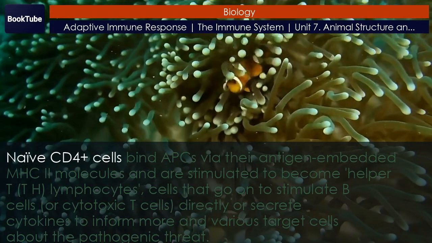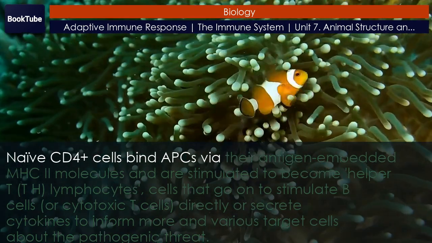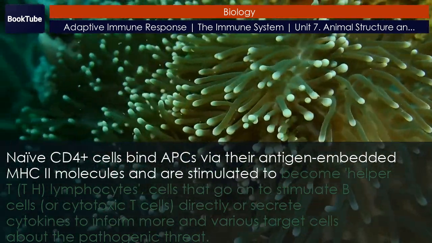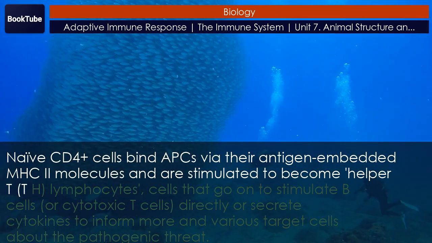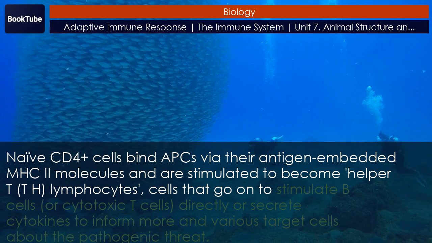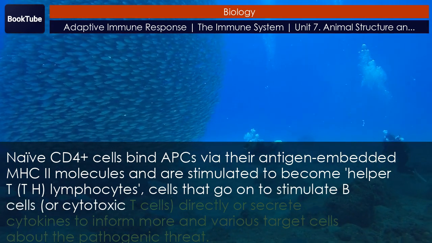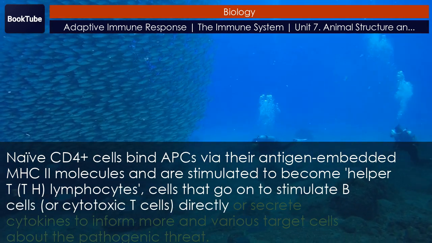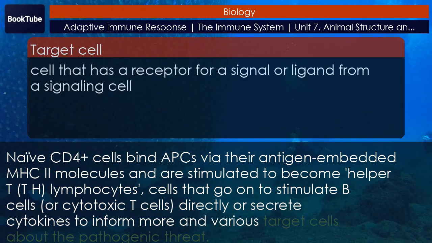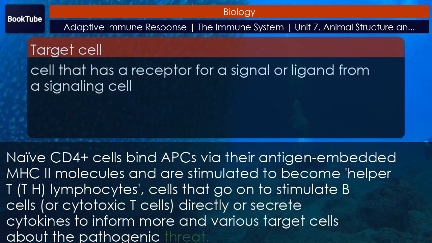Naive CD4+ cells bind APCs via their antigen-embedded MHC2 molecules and are stimulated to become helper T (Th) lymphocytes, cells that go on to stimulate B cells, or cytotoxic T cells, directly or secrete cytokines to inform more and various target cells about the pathogenic threat.